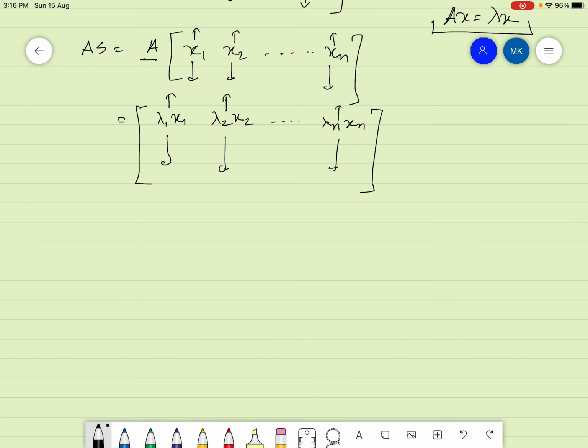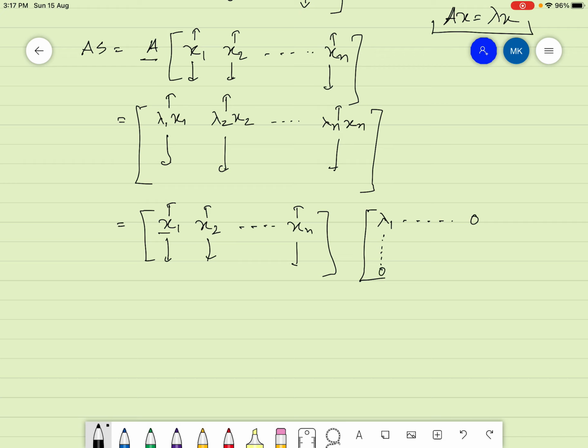So if you again divide this matrix into two parts, you have S at the left, and this x1 is multiplied by lambda 1. So the first element of the diagonal is lambda 1 and all the other elements are 0, and all the elements below this lambda 1 are 0 as well.